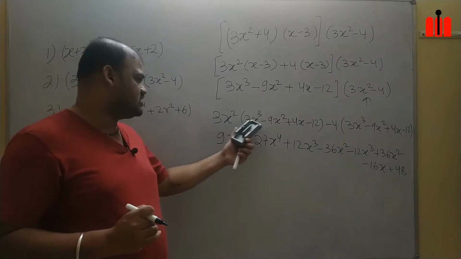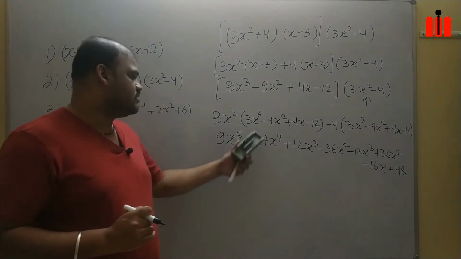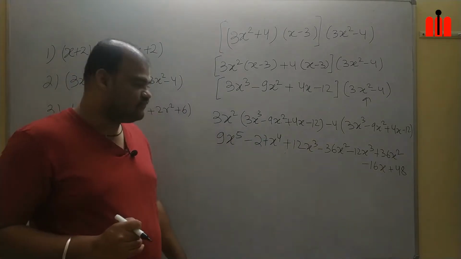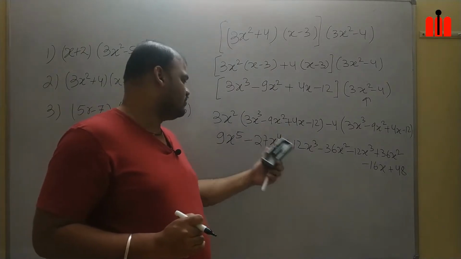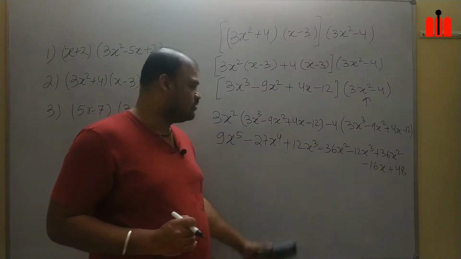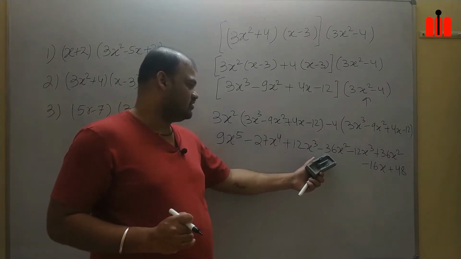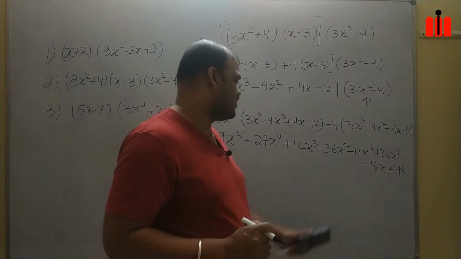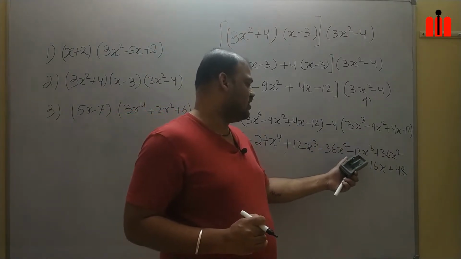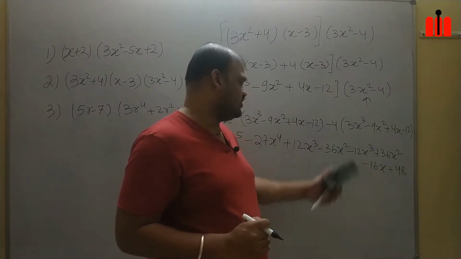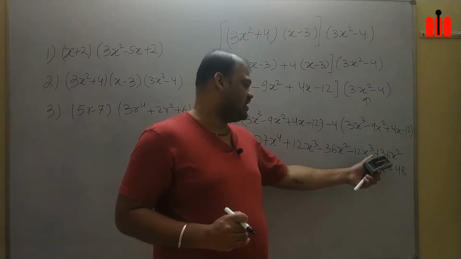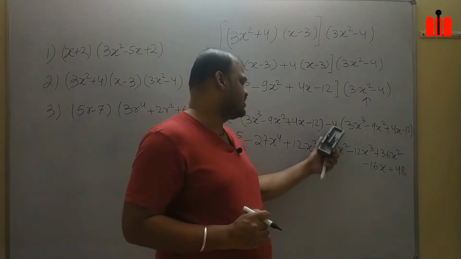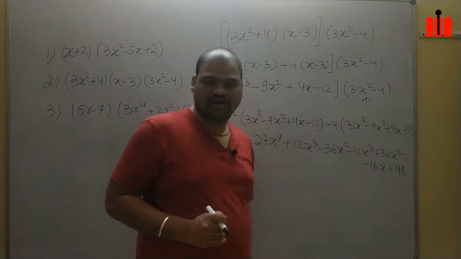So x² and x³ will become x⁵. 3 times 9 is 27, x² becomes x⁴. 3 times 4 is 12, x² times x becomes x³. 3 times 12 is 36, x². Now minus 4 into 3 is minus 12x³, minus 4 into minus 9 plus 36x², minus 4 into plus 4 is minus 16x, minus 4 into minus 12 is plus 48.